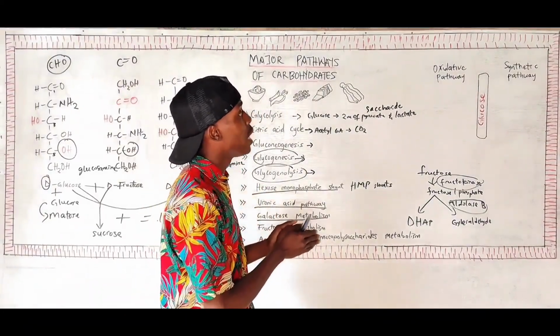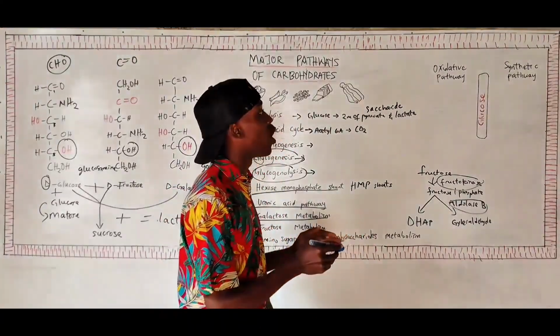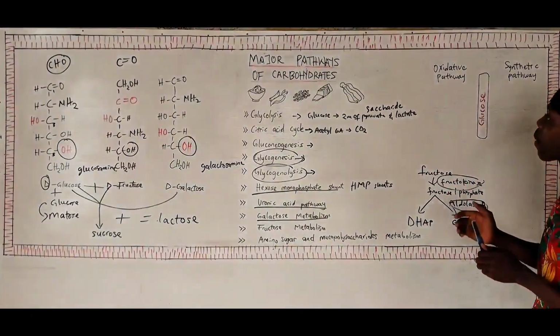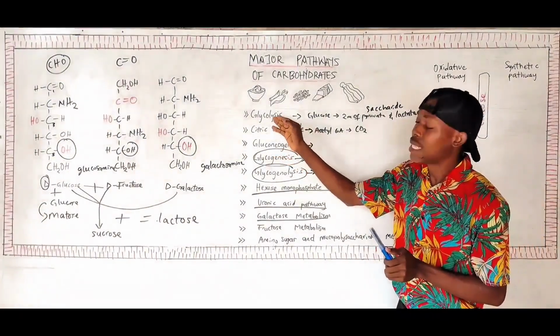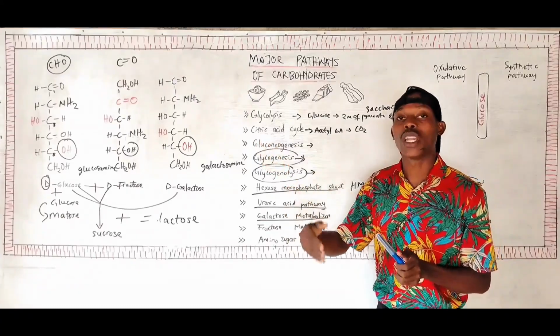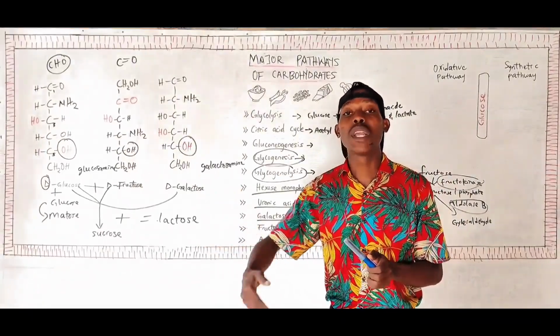Before we end the video, let us look at those that are oxidative and those that are synthetic. Any pathway that has lysis as its suffix means that such a pathway is undergoing oxidation. That is, such a pathway is breaking down.